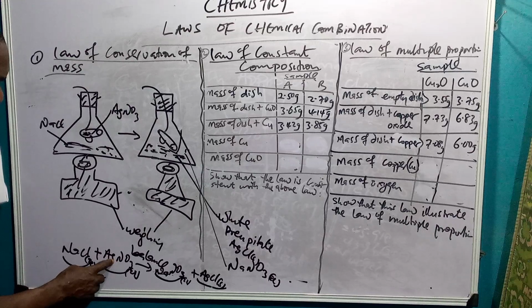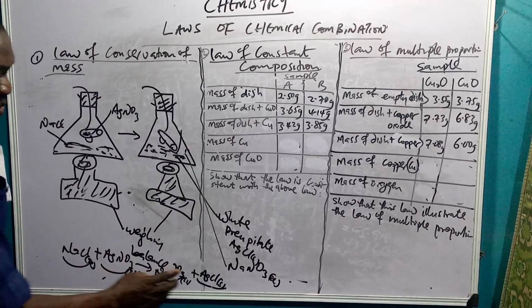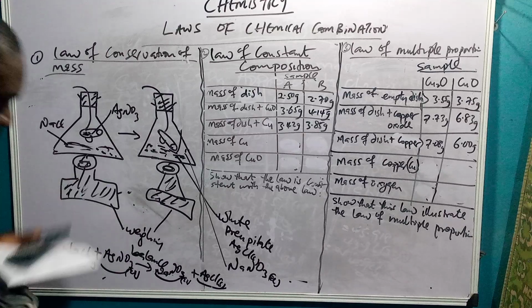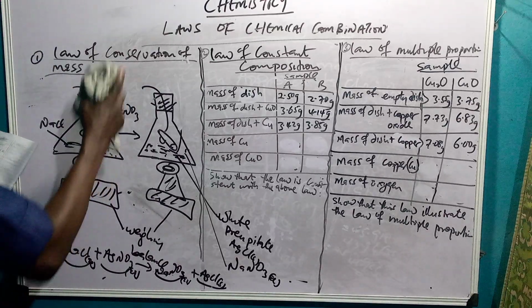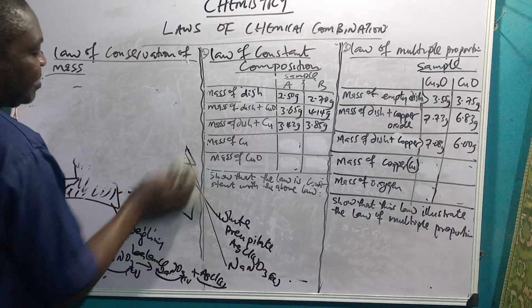You add it to this, silver is 108, which gives 143.5. The sum of the masses you have here will also be equal to the sum of the masses you have there, meaning that you have neither created nor destroyed atoms; you have just changed them from one form to another. That supports the law of conservation of mass, and that is what you are expected to know.